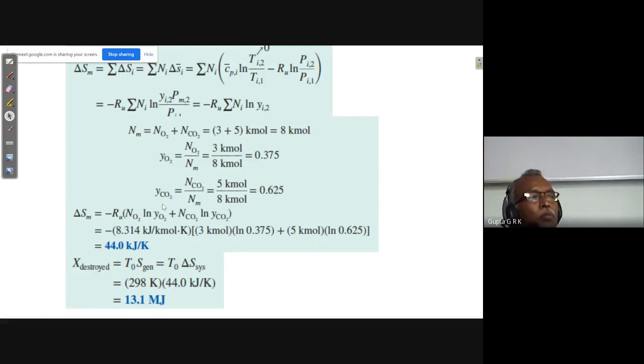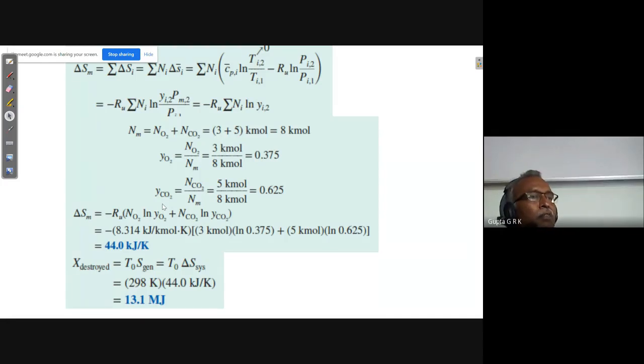So I should be able to find, knowing the properties of the mixture, the change in properties of the mixture when a process takes place. Once I can find the change in properties, whether internal energy, enthalpy, or entropy, the change in entropy will give me Sgen, and if I want the destruction, I have to multiply by the ambient temperature, so I can get the exergy destruction.